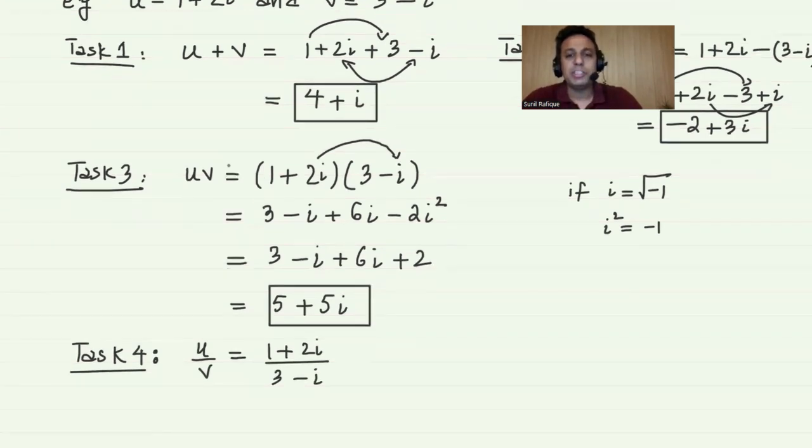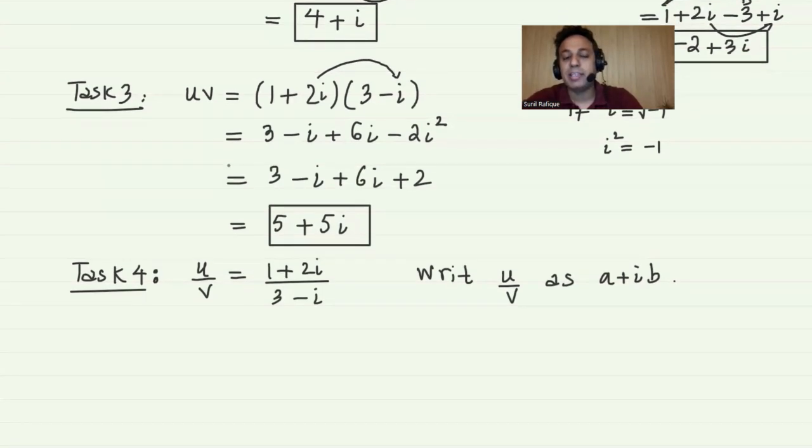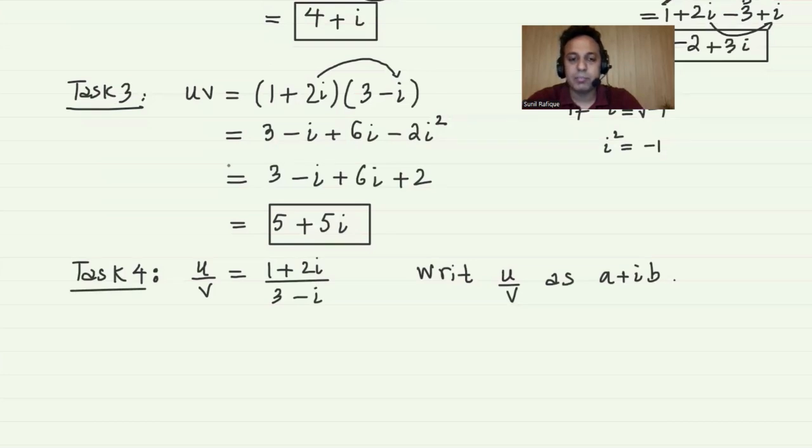Usually the question appears in the exam like this: write u over v as a plus ib. So it means there is a way of dividing complex numbers and writing them as a single complex number. Are you thinking about long division? No, it's not the case.